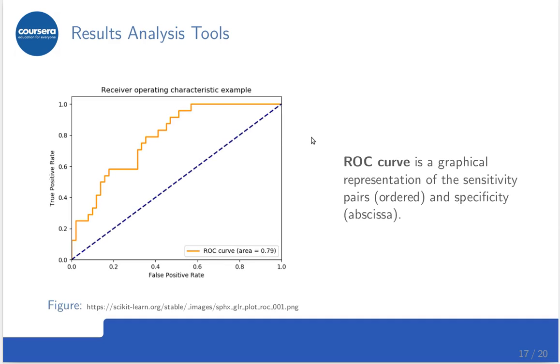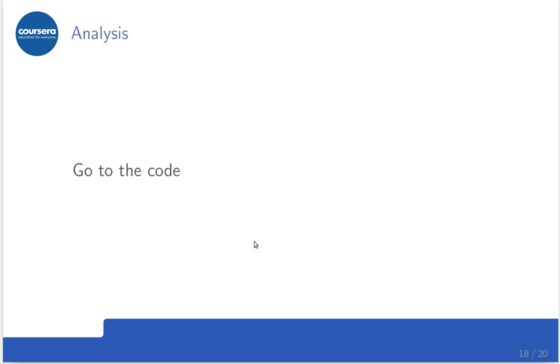The ROC curve is a graphical representation with sensitivity on the ordinate axis and specificity on the abscissa axis, and the area under the chart is the accuracy of the tests.